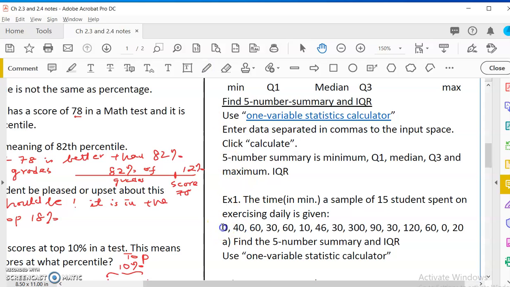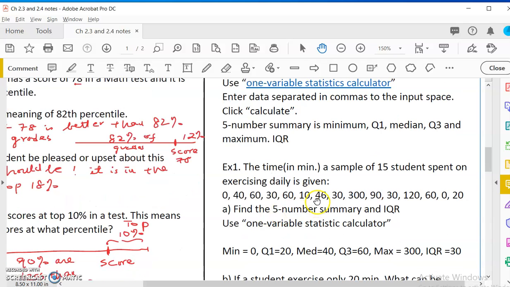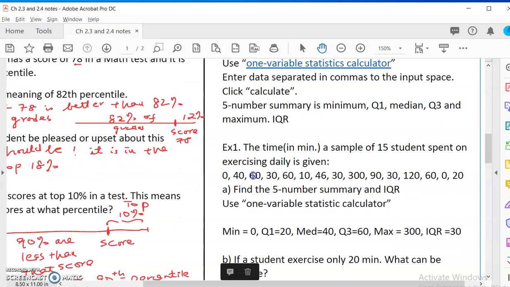One easy way is to copy the data and paste it. Can I do that? I think I might need to close the comment. It seems like it doesn't let me select anything.